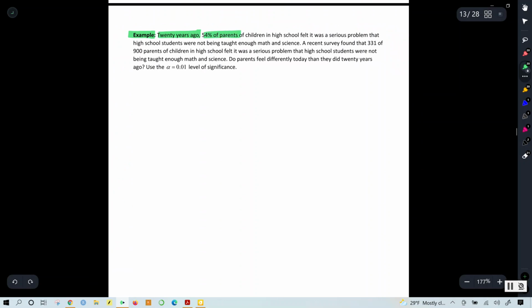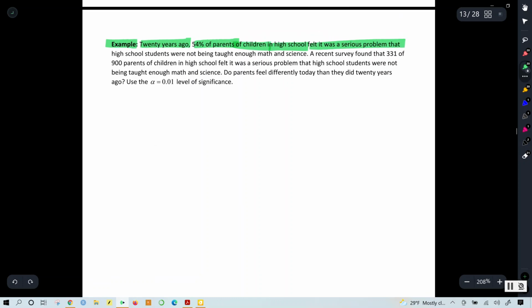Twenty years ago, 54% of parents of children in high school felt it was a serious problem that high school students were not being taught enough math and science.